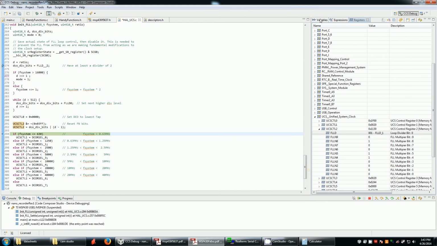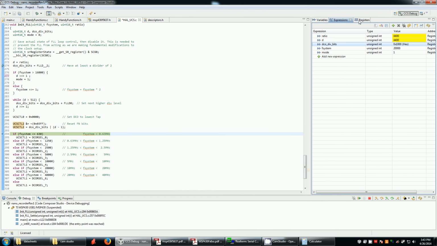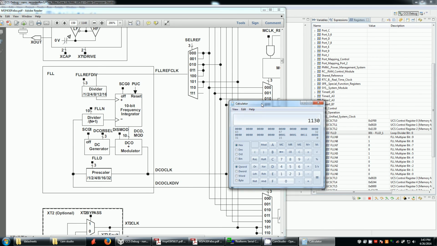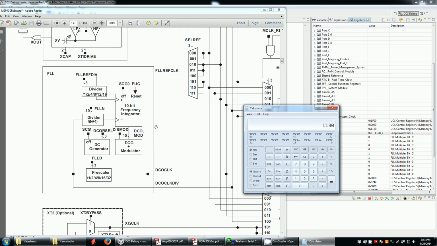What was that? Well, I think it was 304. Yeah, it was 304. It was 305, D plus 1. So D is N really, capital N, so D plus 1. So we're going to divide the DCO frequency by 2, which gives us, at what we're doing, we passed in 20 megahertz. So we're going to divide by 2, that gives us 10 megahertz. And then we're going to divide that by 305 in here.